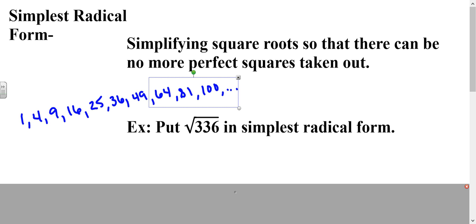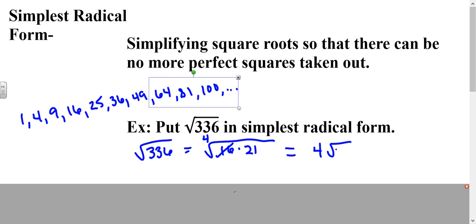What I find is that I can change 336 into 16 times 21, so I know that I can divide 336 by 16. 16 is on my list, so I can use that number. What is the square root of 16? The square root of 16 is 4, so I can take that out. So I get 4 radical 21.